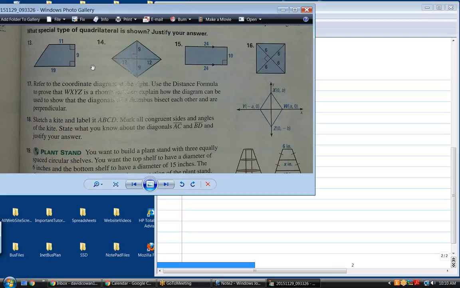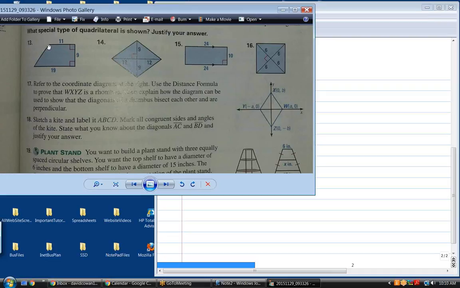If I'm looking for parallel lines, what would the angles be called? Are they corresponding? Are they adjacent? Are they alternate interior? Are they alternate exterior? What are they? Adjacent.